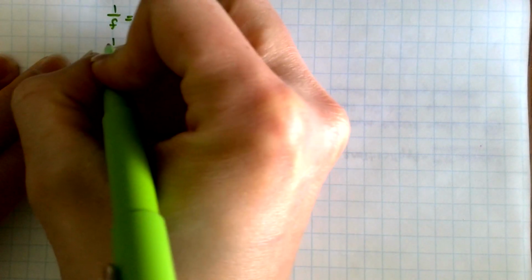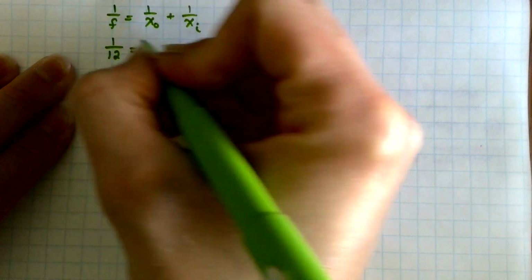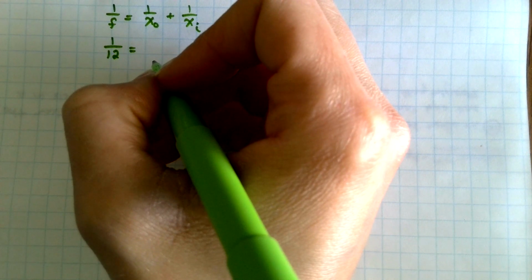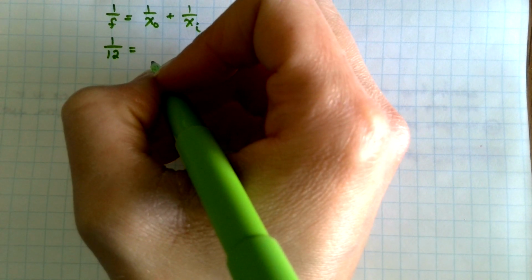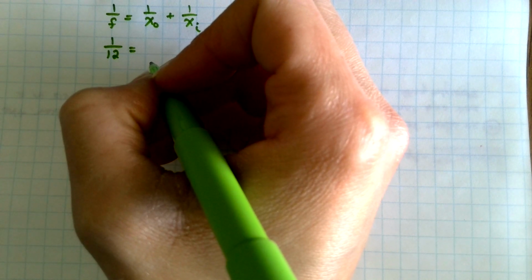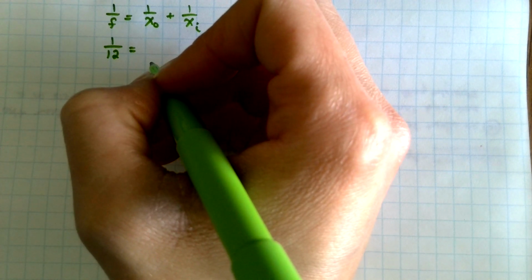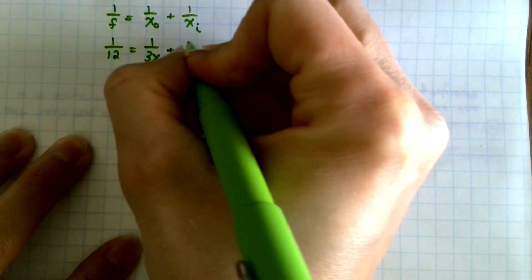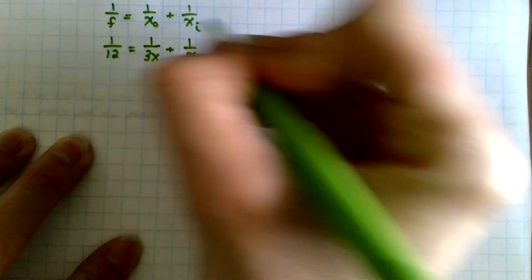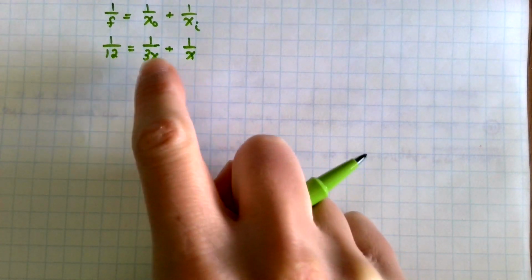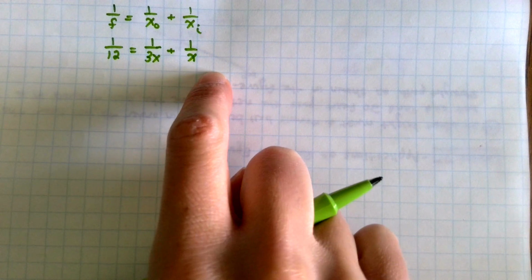So this is going to turn into 1 over 12 equal to, and then the x sub O is going to be 3x because we're letting x be the image length. And so it tells us that the object is 3 times as far from the lens as its image. So we're going to have 1 over 3x plus 1 over x. So again, x is our image distance, and then the object is 3 times as far as that image distance.